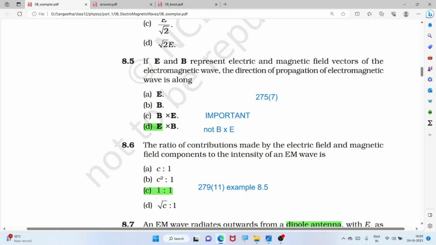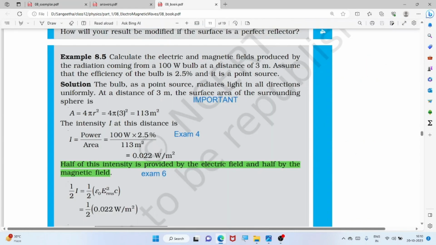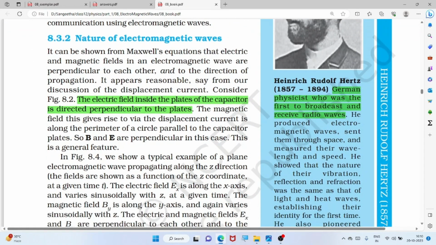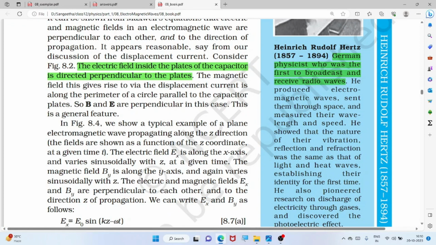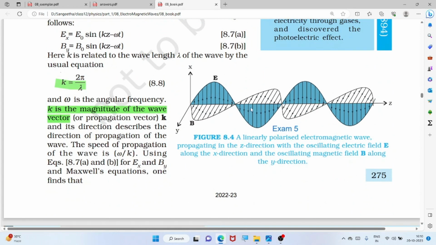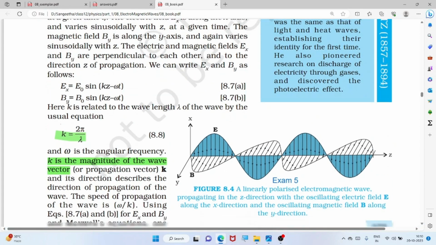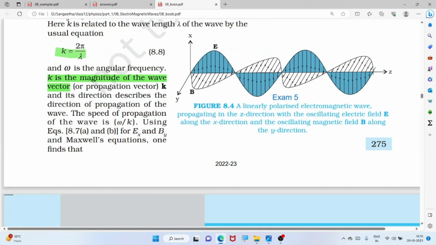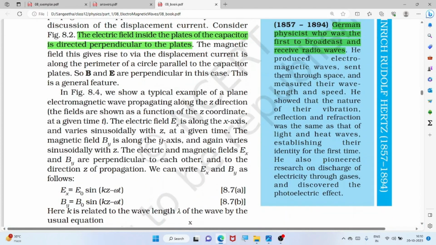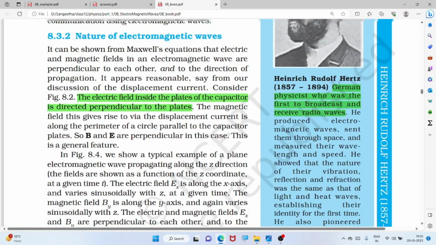It is E cross B, not B cross E. Okay, so this direction is E cross B. Perpendicular.